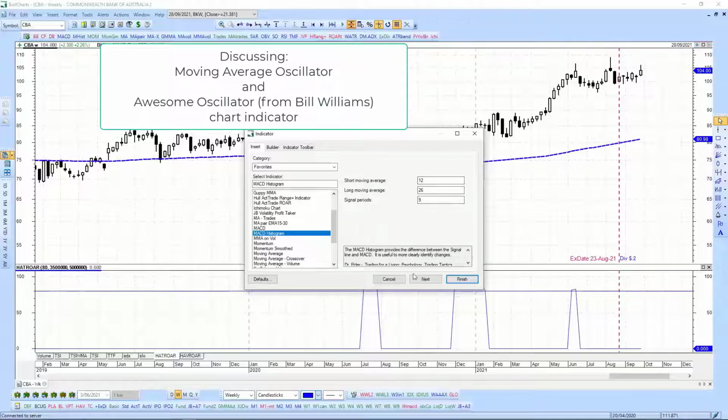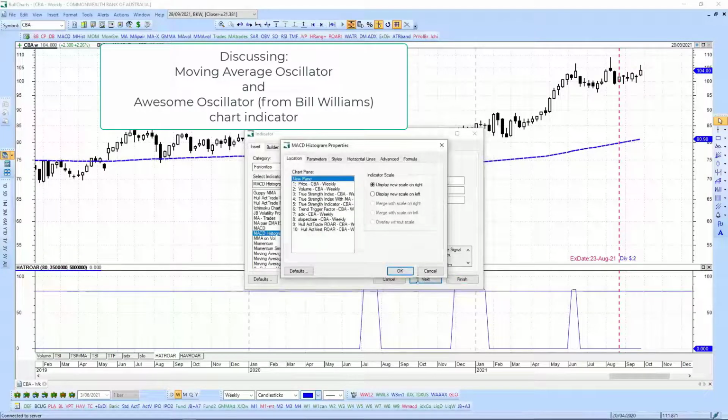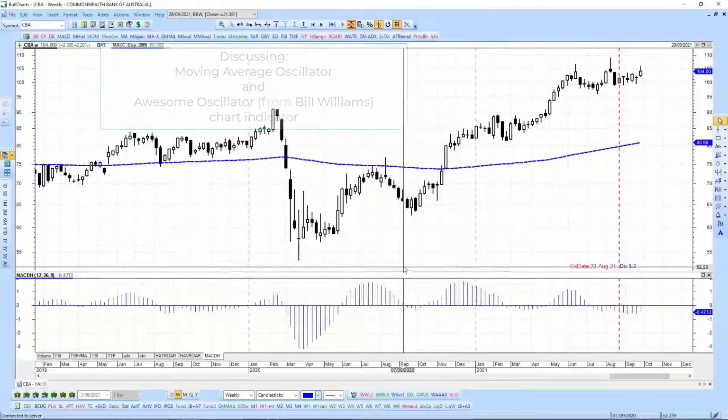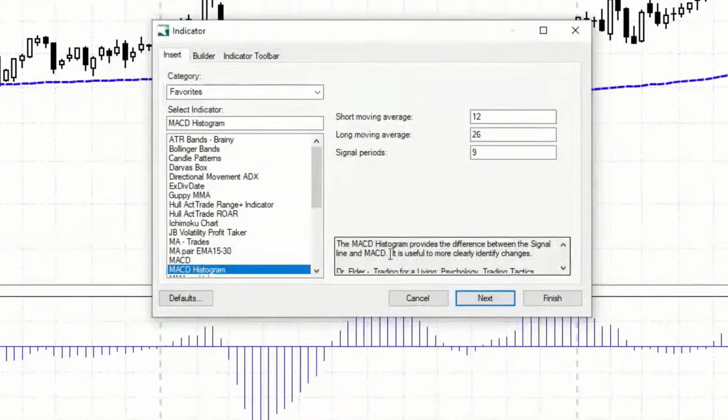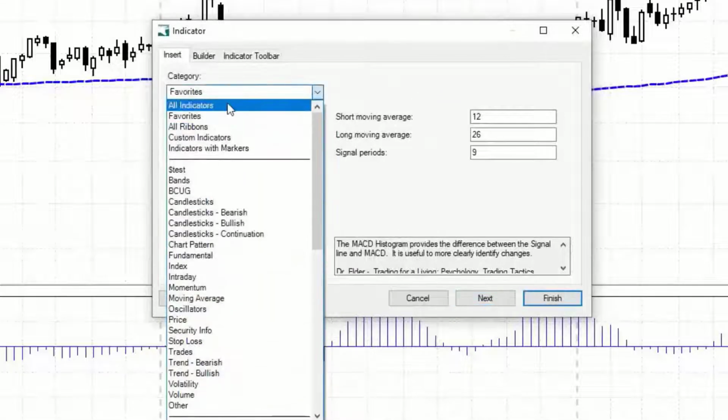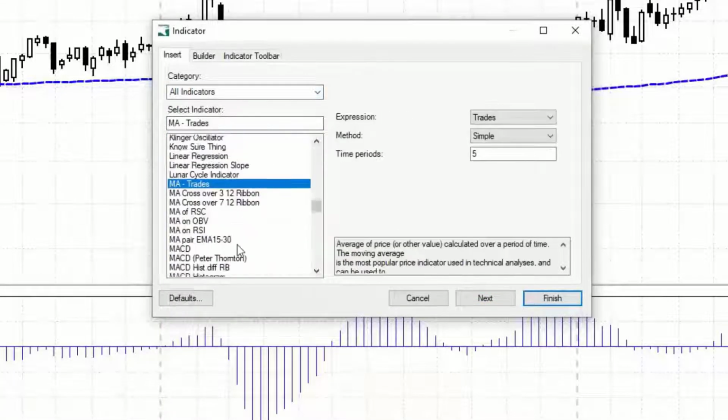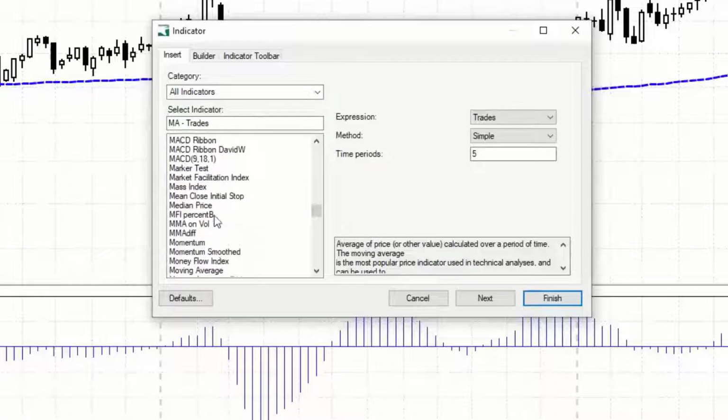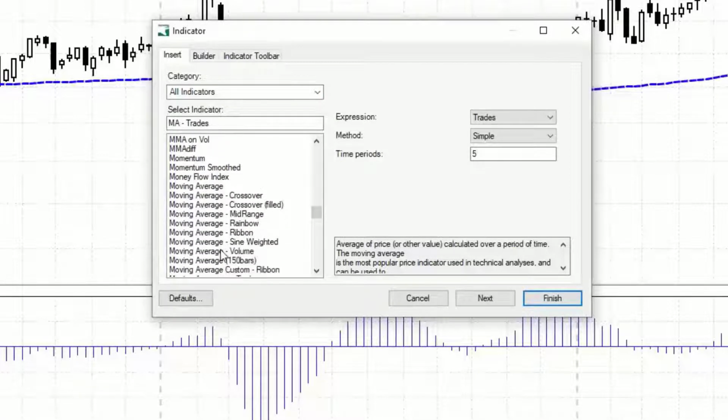Robert, I've got that moving average oscillator in my indicators. If you go down a bit further in your list. Yep, that's it. Keep going, at the bottom of those.